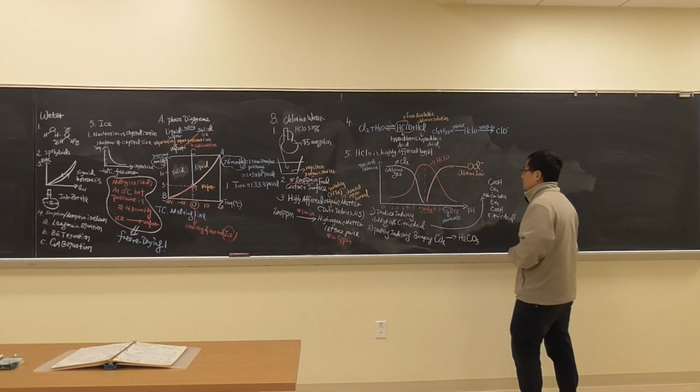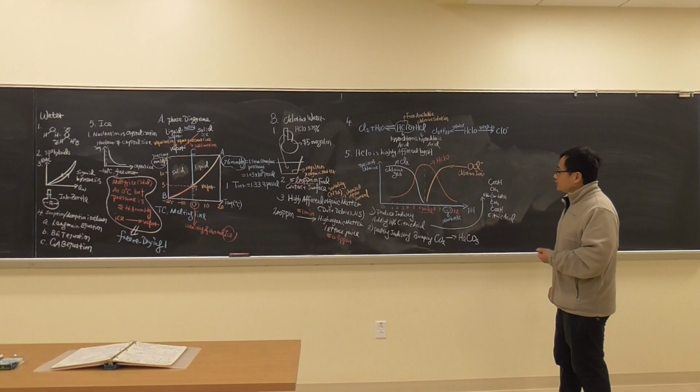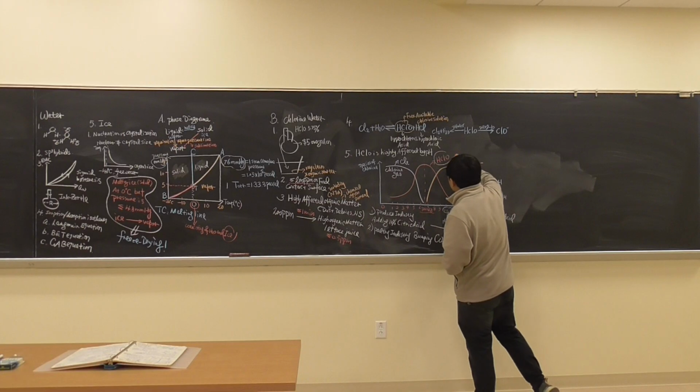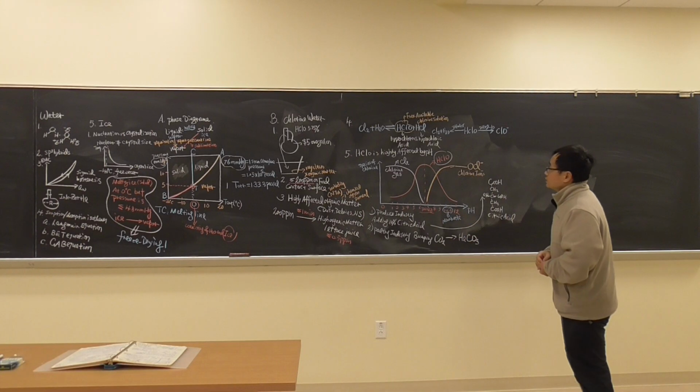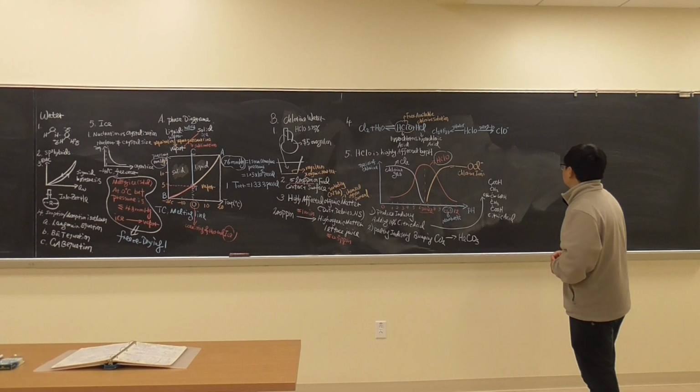Usually the pH is not exactly 6.8, it's around 6. And they do this because they want the dominant species to be HClO. So these are some of the chemistry behind it. Now it's highly affected by the pH.